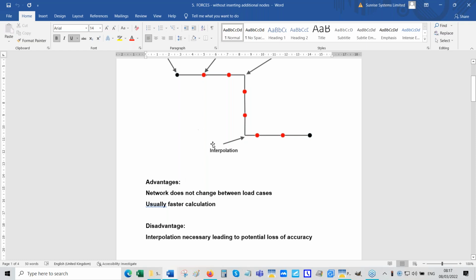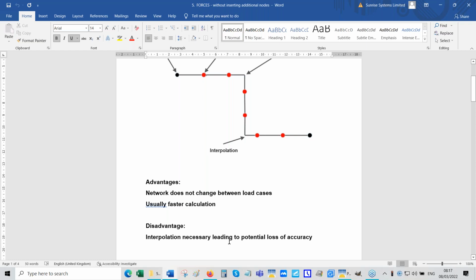So the great advantage of doing this is that the network doesn't change between the load cases. And usually the calculation is a little bit faster because the pipe lengths are longer. The disadvantage is the interpolation, necessarily leading to potential loss of accuracy.